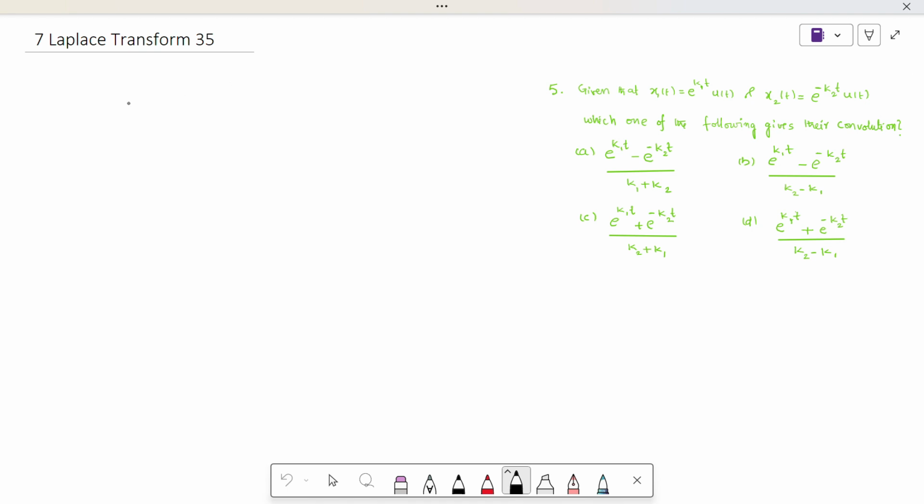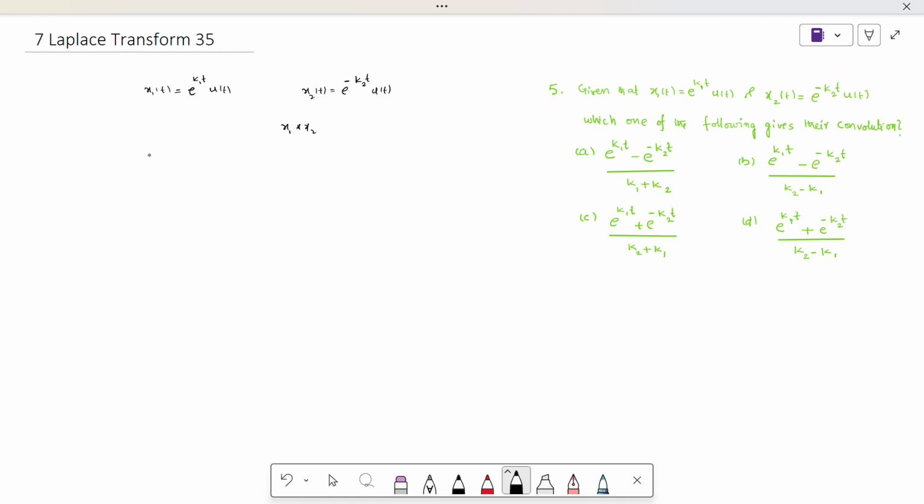Okay. So given x1 of t equals e power k1 t into u of t, and x2 of t equals e power minus k2 t into u of t, we need to find x1 convolution x2.